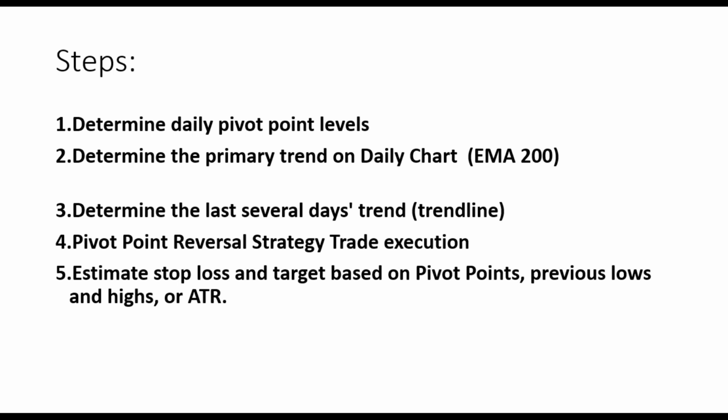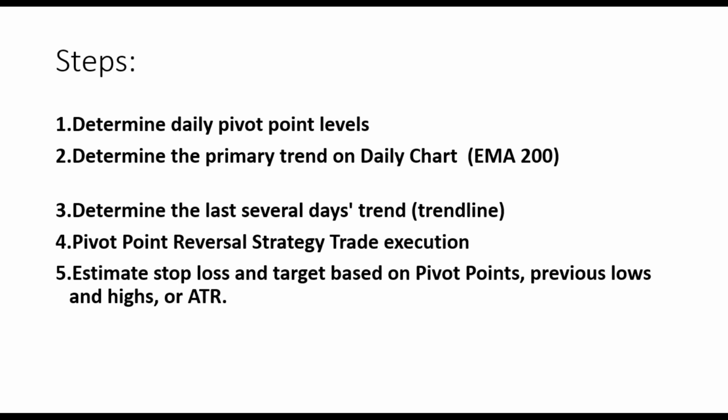Everything needs to match. We want to follow the major trend, we want to follow the last several days' trend, and we want to see a little pullback. When we see that pullback around a pivot point or some of the pivot levels, we can generate the trade. To estimate the stop loss and target, we can use the pivot points.